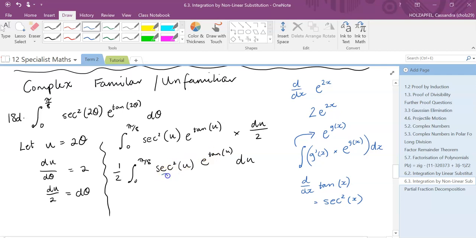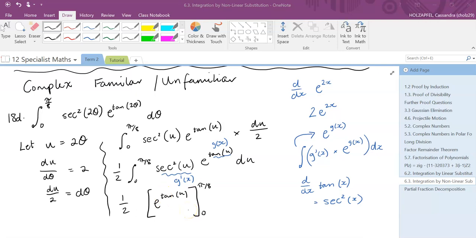So this here is actually the derivative of this function here. So when we integrate it, it's just going to become e to the power of g(x). Isn't that nice? Doesn't that make your heart sing? Because it's not as tricky as you think. So this is going to be e to the power of tan u. Oh, sorry, let me just fix this.